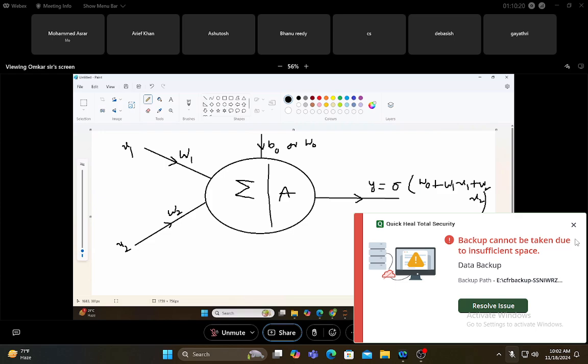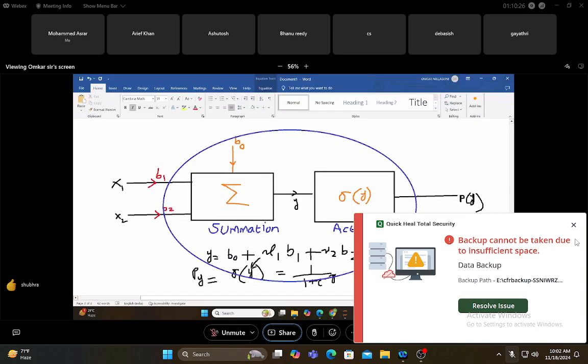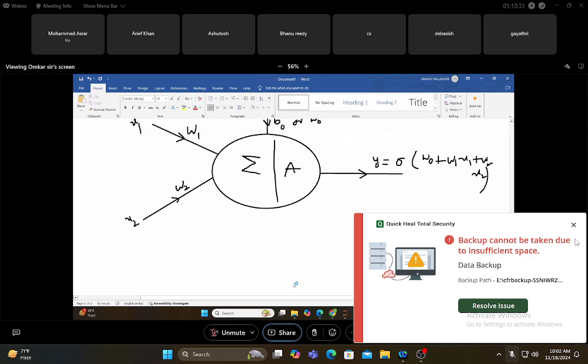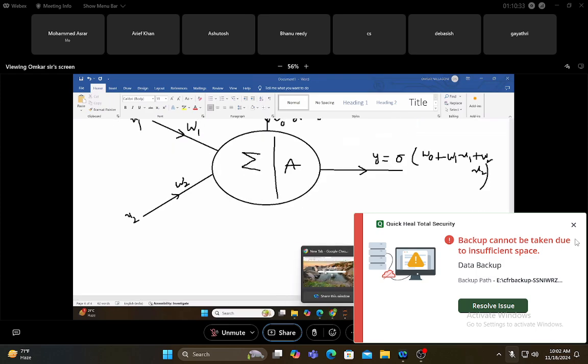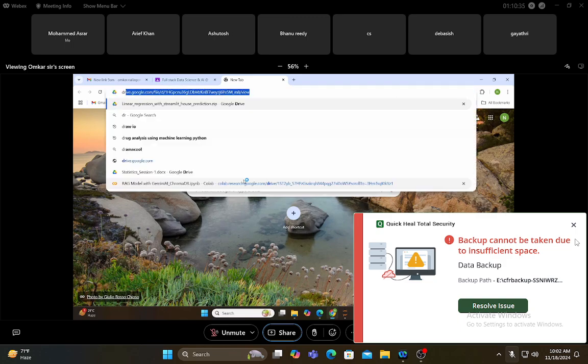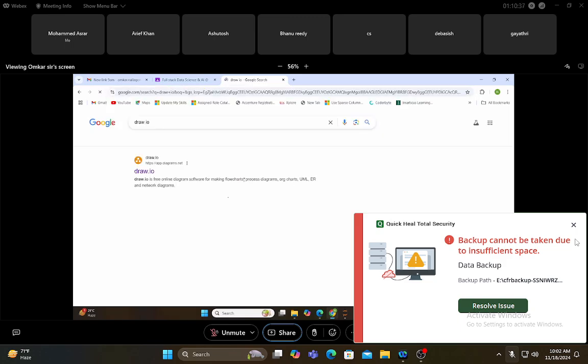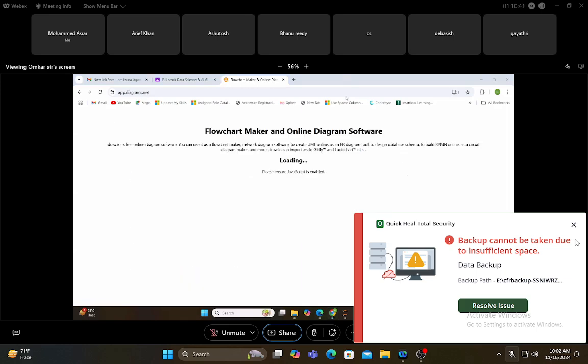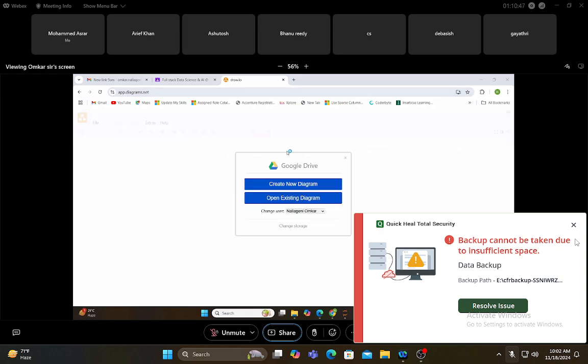Easy, yeah? Okay, so there is an online platform, draw.io. Very easy to draw. Now I'm drawing something so that you can easily see.